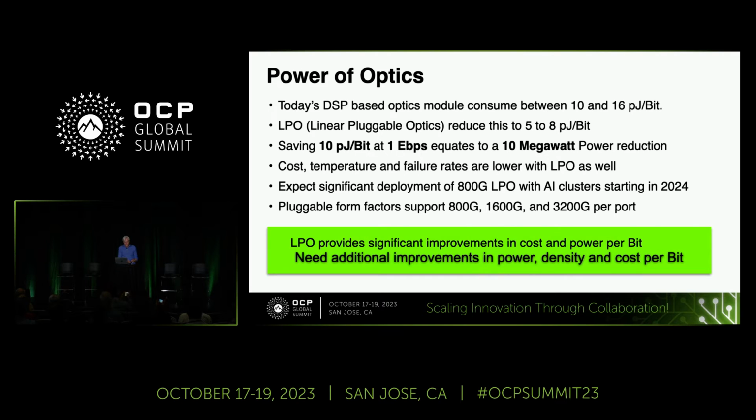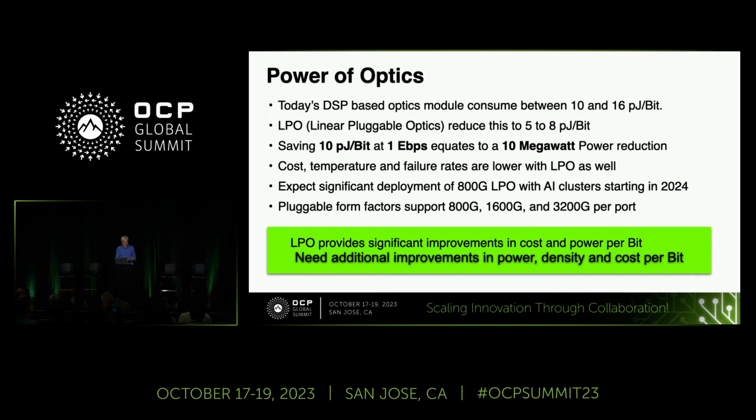On the power front, the DSP-based optics that we're all familiar with today, the latest versions for 800 gig, consume between 10 and 16 picojoules per bit. Linear pluggable optics, which remove the DSP, cut this by half to about 5 to 8 picojoules per bit. Saving 10 picojoules per bit at 1 exabit is 10 megawatts of power saving. So yes, it does add up.